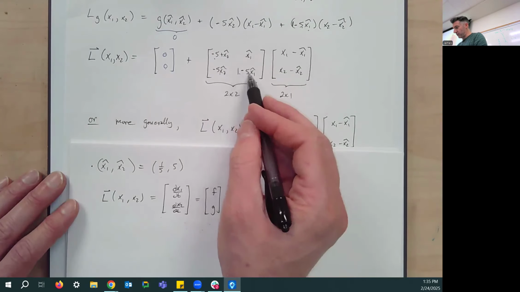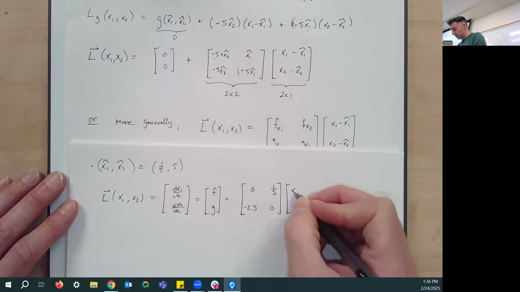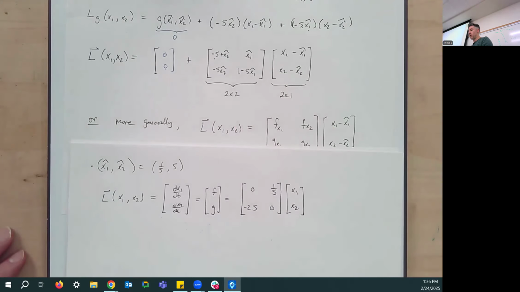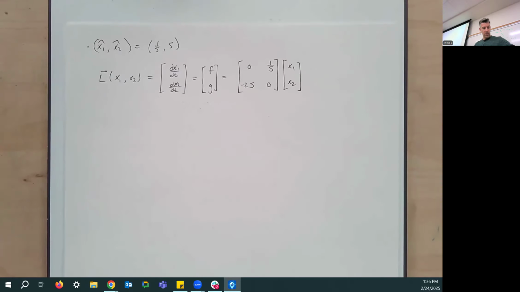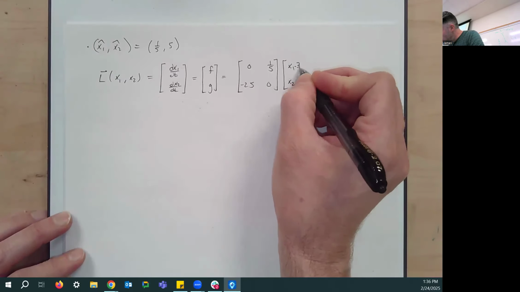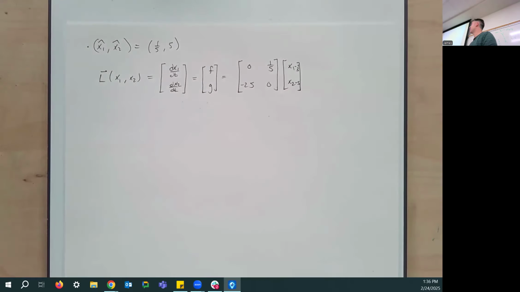And 1 minus 5 times 1/5 is going to be 0. Times x1, x2. That's my linearization. It's just giving me two equations, really. Oh, I made a mistake. Sorry, it should be x1 minus 1/5 and x2 minus 5. Apologies.